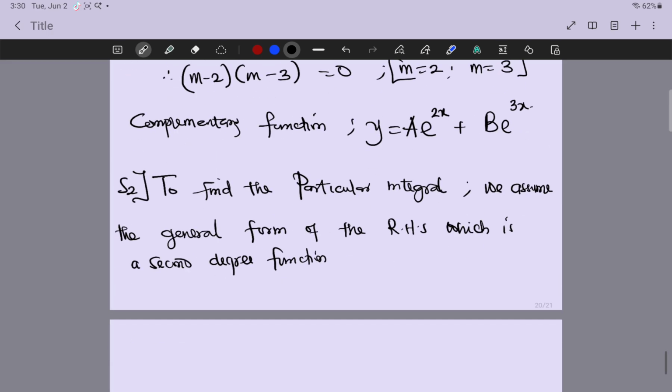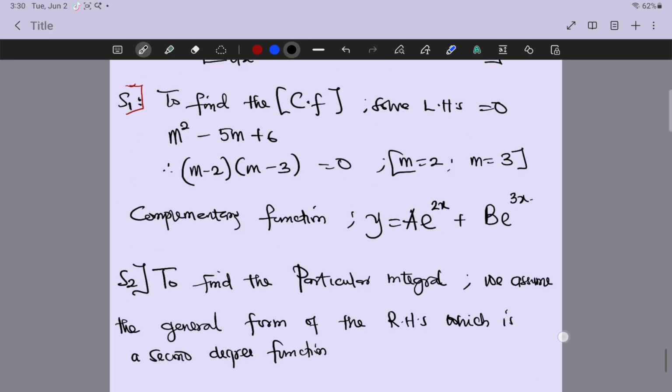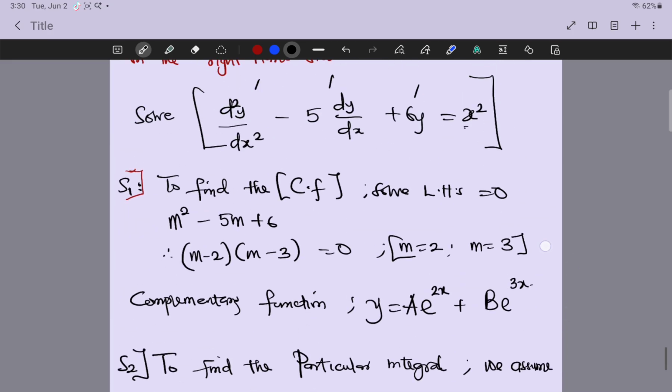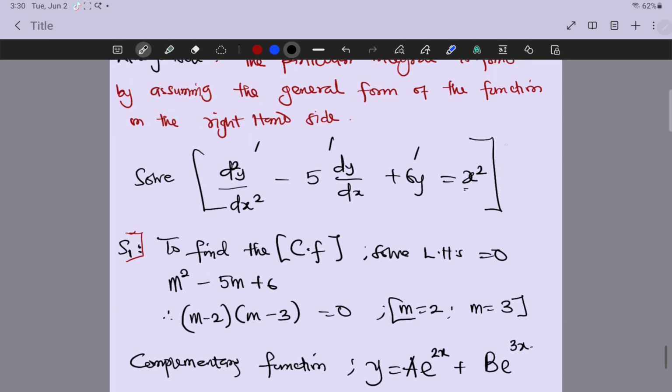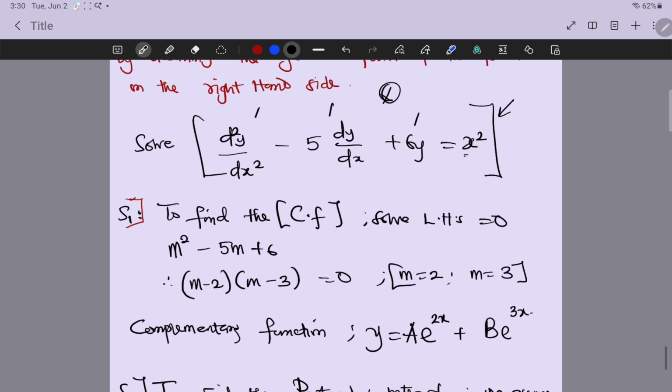Now, finding the particular integral is not difficult. All you have to do is take note of your left hand side and your right hand side. Your right hand side is telling you this, your left hand side is telling you this. True or false? So if your right hand side is this and your left hand side is this, then what is the particular integral?